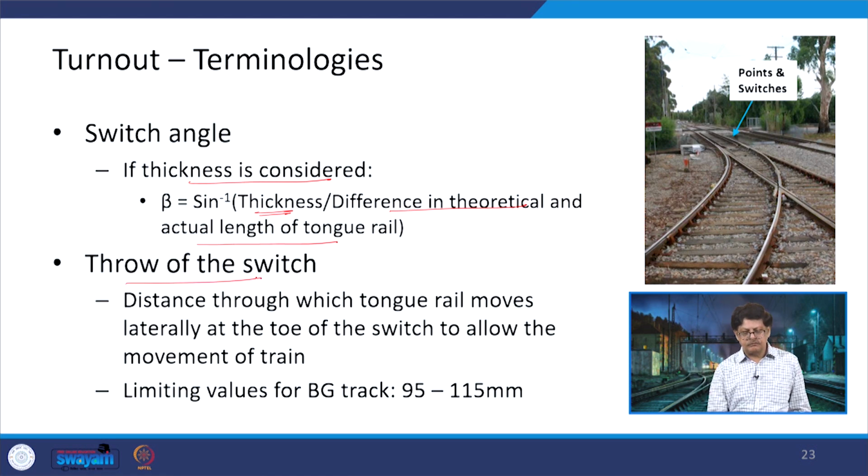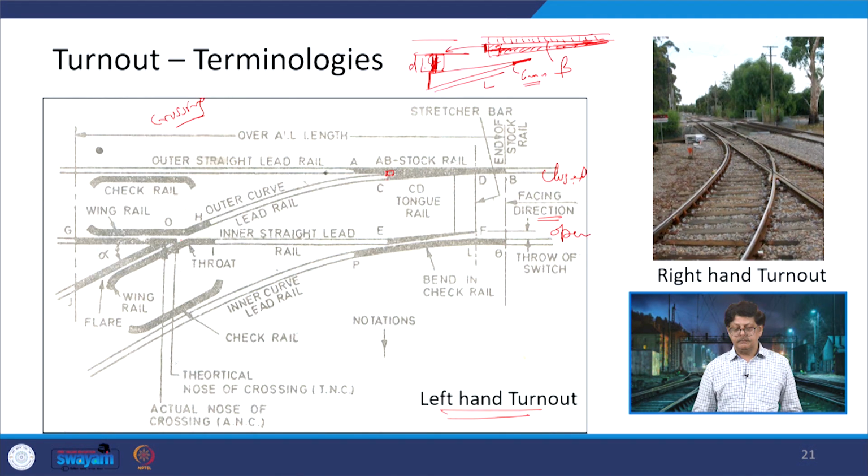Another one is the throw of the switch. The throw of the switch is the distance through which the tongue rail moves laterally at the toe of the switch to allow the movement of the train. So, if we go back here, now this tongue rail has moved away from the stock rail. So, this is the distance by which it has moved. This particular distance is known as the throw of the switch.